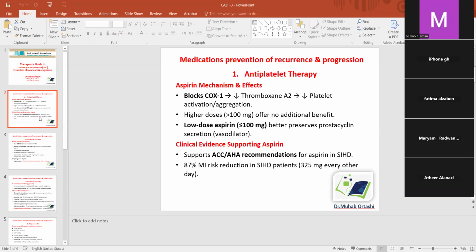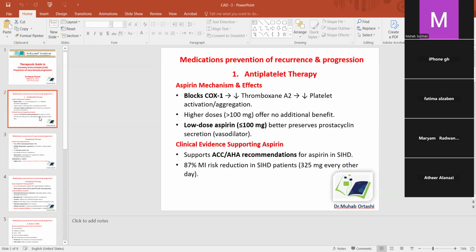It has about 4 functions for the platelet function. So when we stop this thromboxane A2 or decrease its production, we will stop the function of the platelet. It gives an irreversible effect. So this platelet, after being affected by aspirin, cannot do its function again.